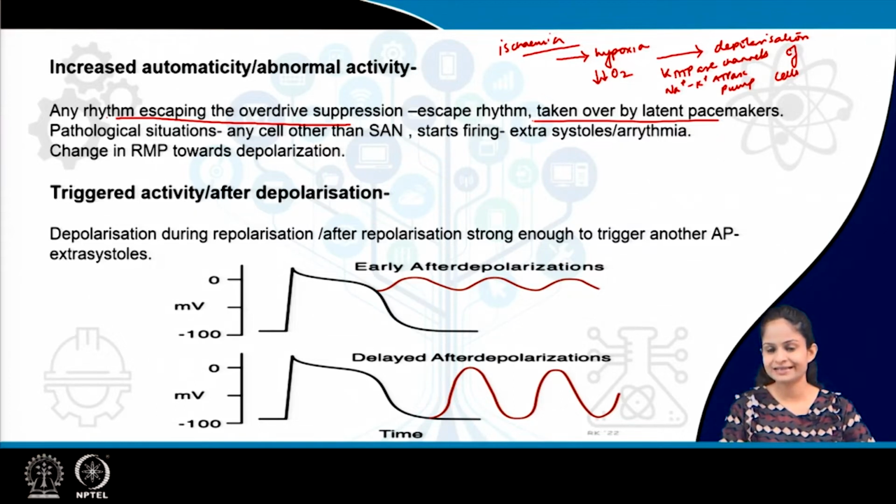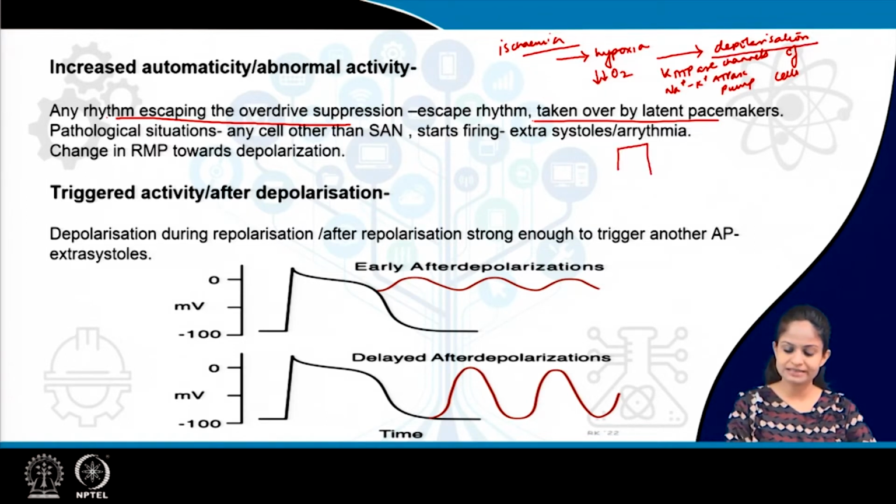Because of the increased potassium concentration outside, that is hyperkalemia, this will also cause membrane depolarization. All this will cause membrane depolarization. If the normal cell has minus 90 millivolt, the ischemic cell will have a depolarized potential of around minus 60 or minus 50 millivolt.